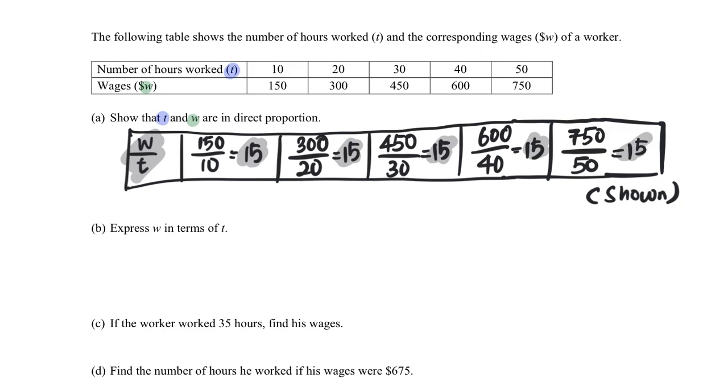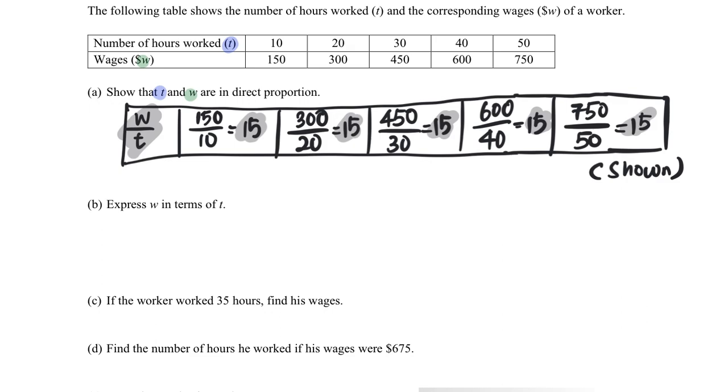Express W in terms of T. This is something for us to learn now. For direct proportion, W over T always equals 15, right?